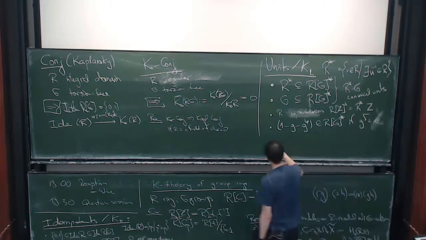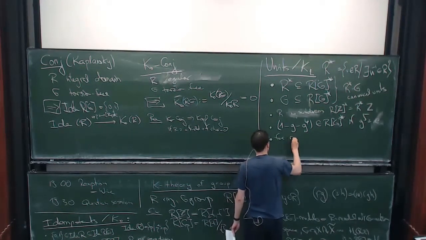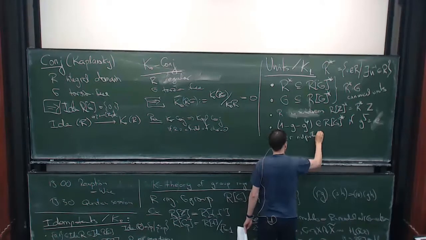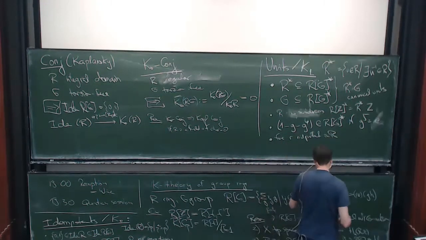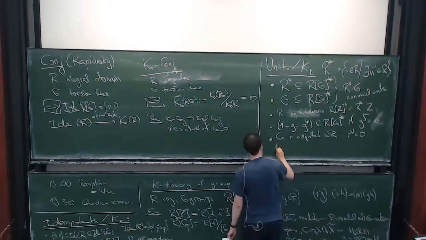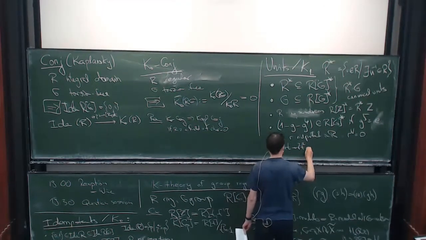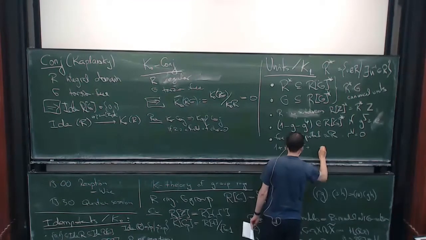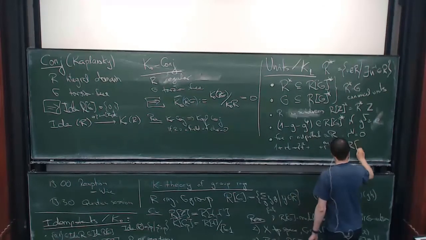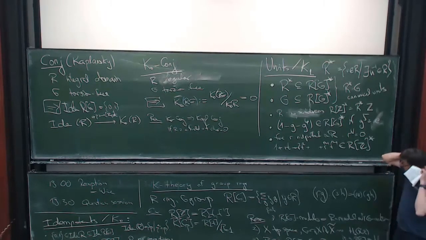And even for the infinite cyclic group, for R nilpotent in the ring, say r to the n is 0, then we can form 1 plus rt plus r squared t squared plus ... plus r^(n-1) t^(n-1), and that's a unit in the group ring over the integers.